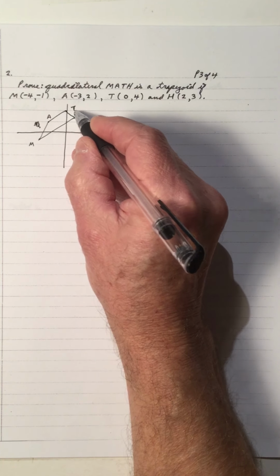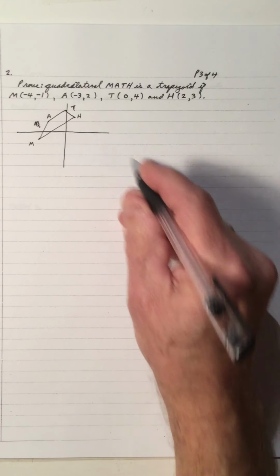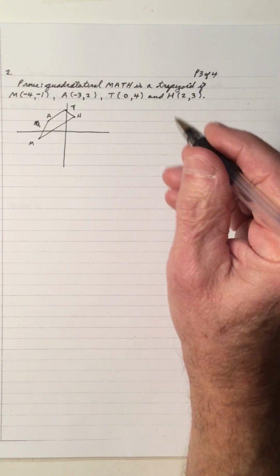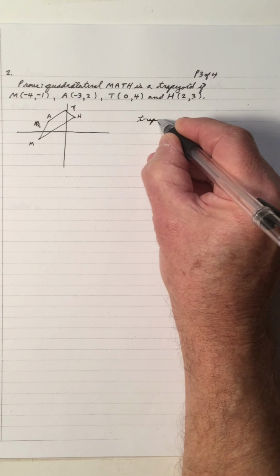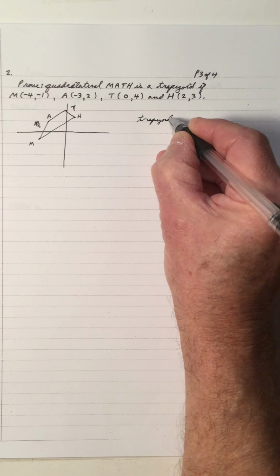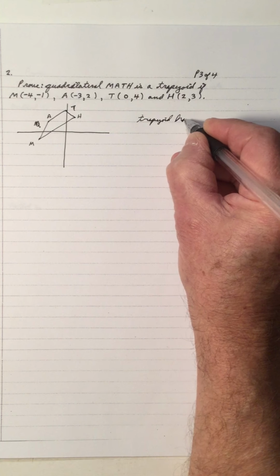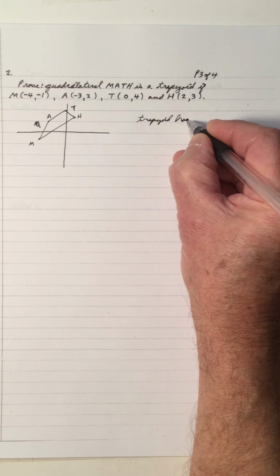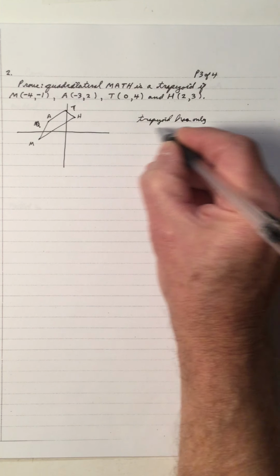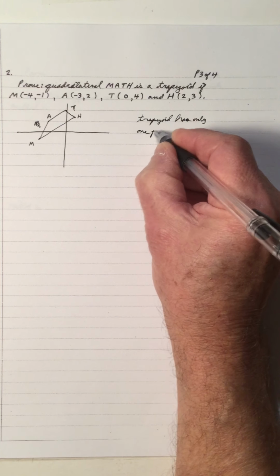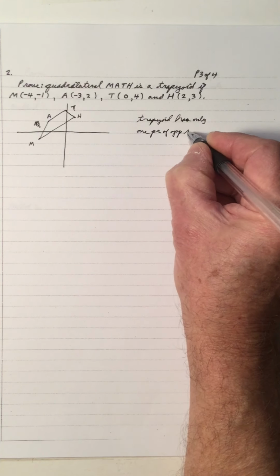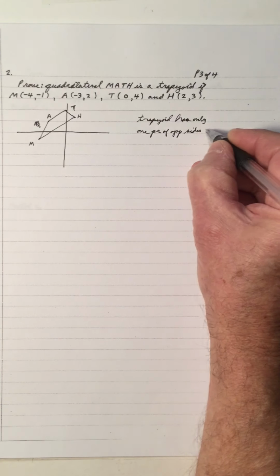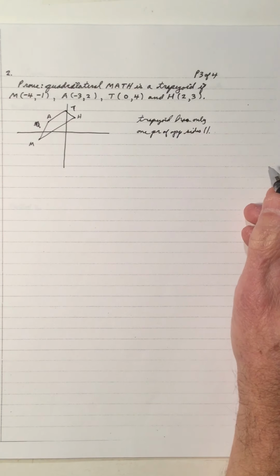So as you can see, I have the diagram drawn, and a trapezoid has only one pair of opposite sides parallel.